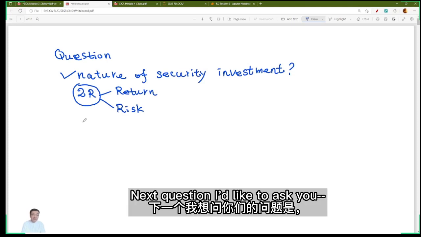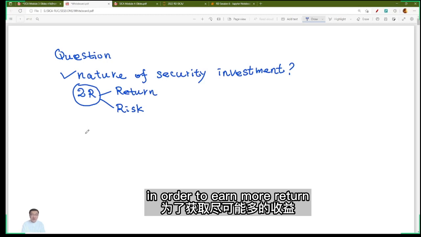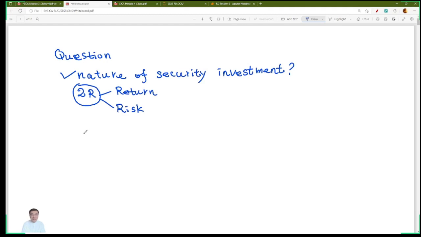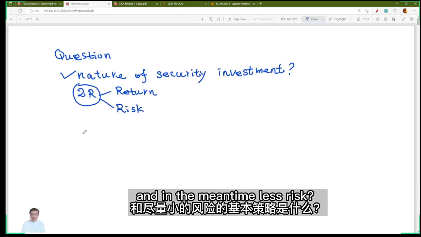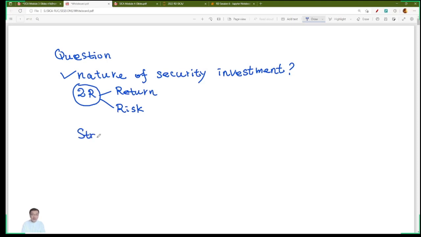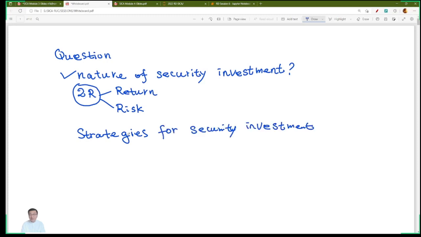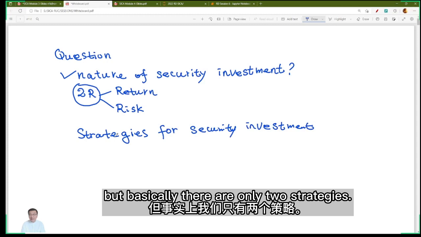Next question I'd like to ask you, for security investment, what do you think the basic strategies are in order to earn more return and in the meantime less risk? You may think that we have lots of strategies in security investment, but basically there are only two strategies.